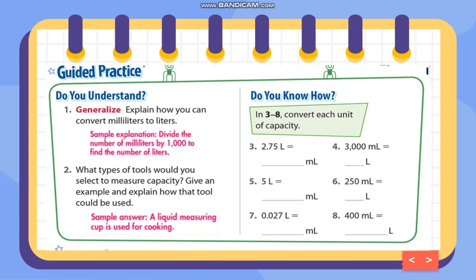So let's convert each unit of capacity. 2.75 liters convert into milliliters. Liter to milliliter is always multiplied by 1,000 because there are 3 movements going to the right, from a larger unit to a smaller unit.